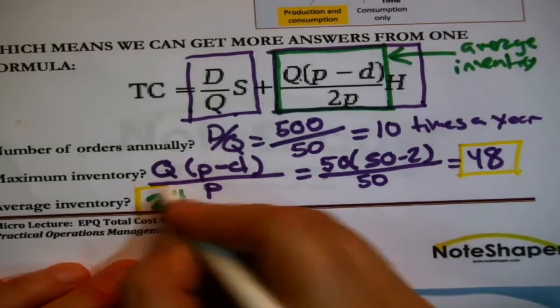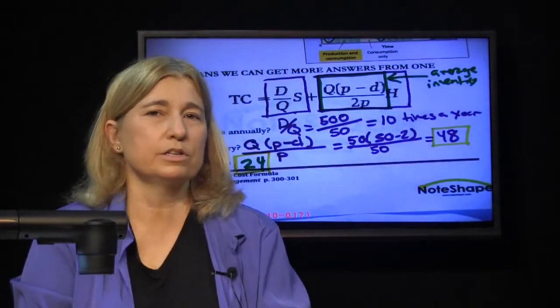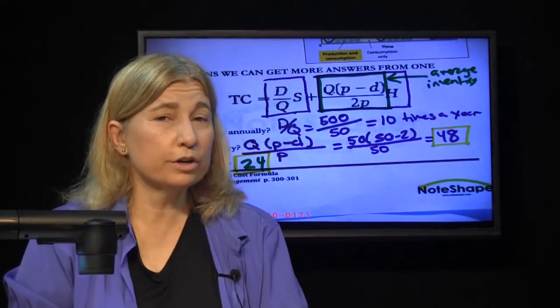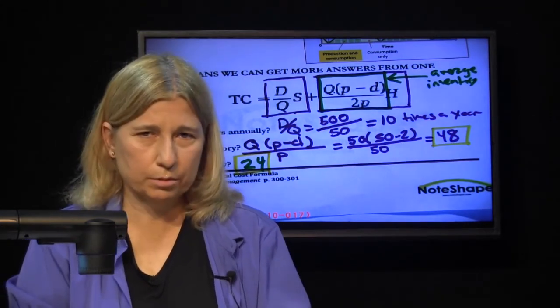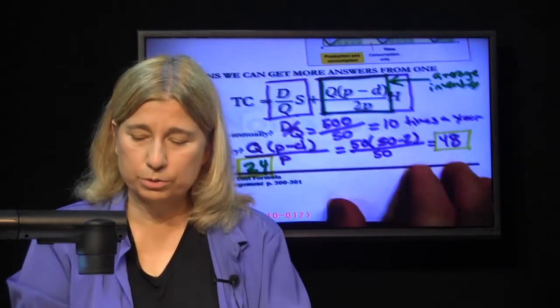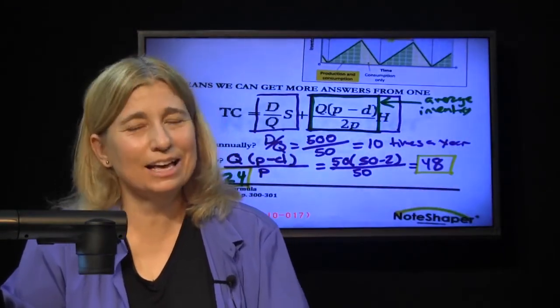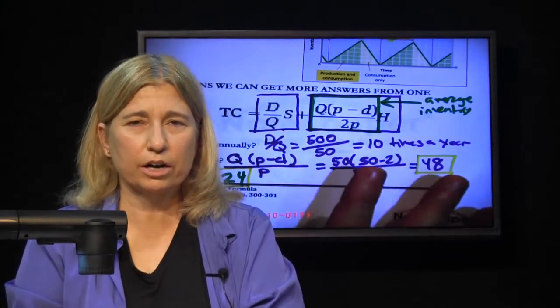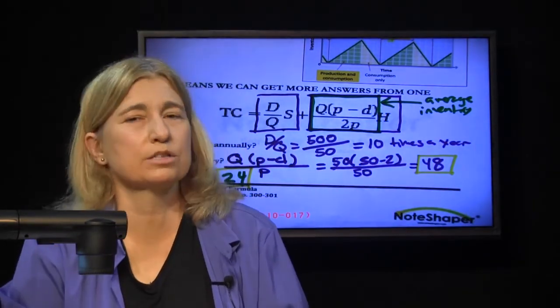Now I want to point something out. Maximum inventory was 48. The average inventory for this policy is 24. Do you notice that the average inventory is half the maximum inventory in this particular situation? Tip. It's not just this particular situation. It's any situation in this kind of scenario that the average inventory is always half the maximum inventory.